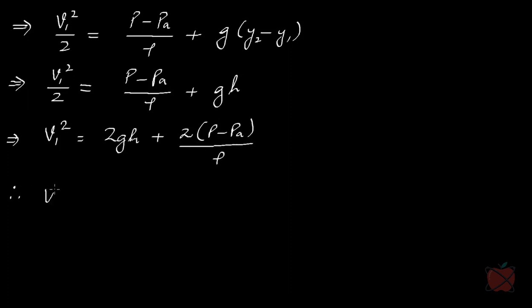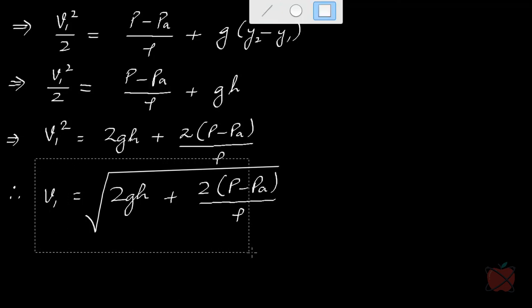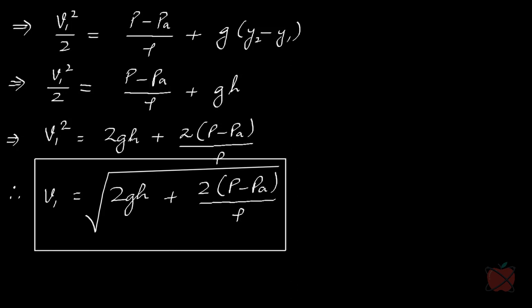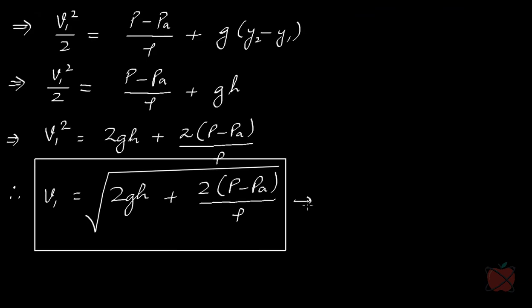Therefore V1 will be the root of 2gh plus 2 (P minus PA) by rho. Got it? Let's call this equation 1. This gives the velocity of efflux from the orifice.